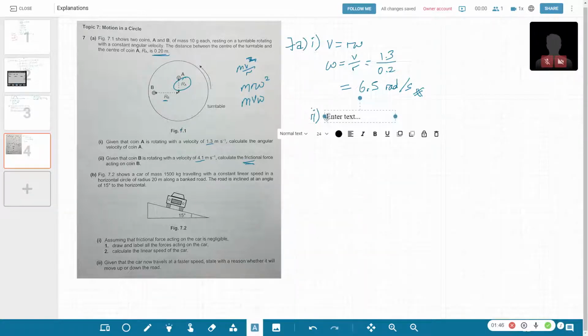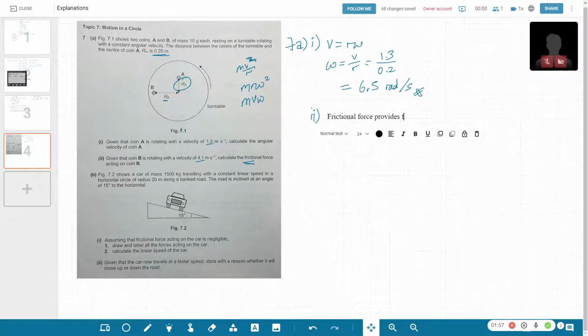So the first thing we need to write in your answer is why the frictional force equals the centripetal force. Frictional force provides the centripetal force for B to move in a circular motion.